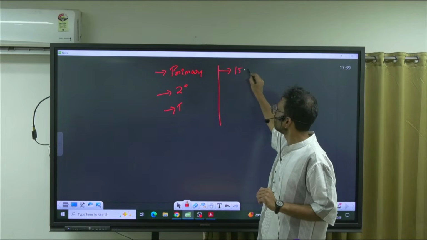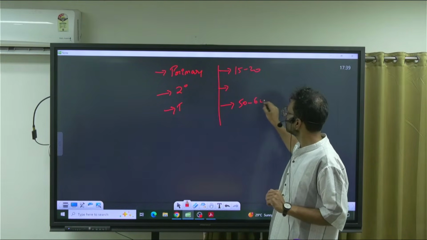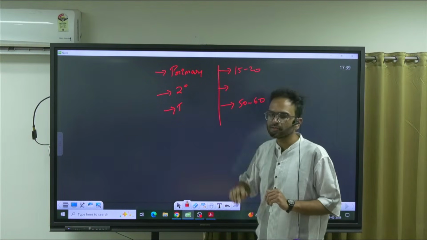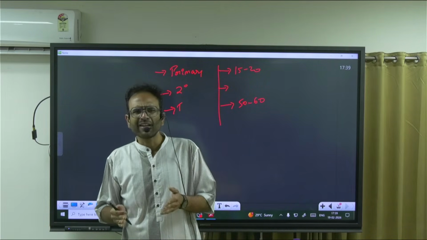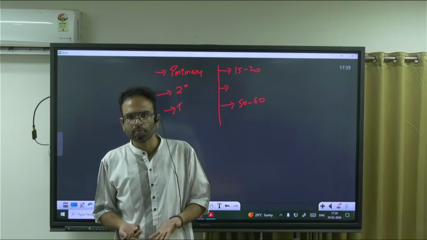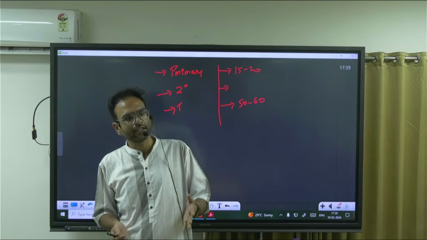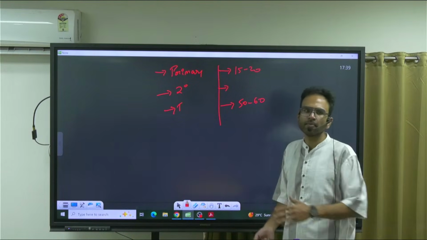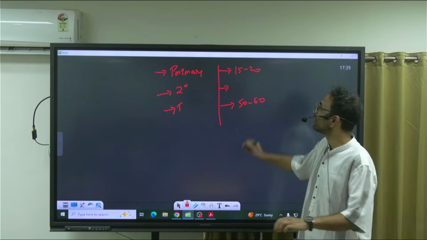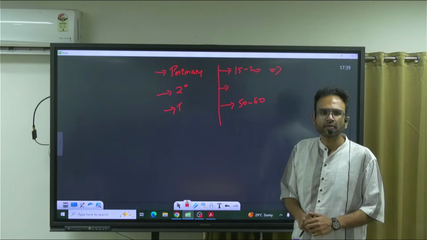It's roughly 15 to 20%, 50 to 60%, and whatever is remaining is in this sector, broadly speaking. There is little that we can do in the services sector, because how many jobs can the service sector create? Agriculture is anyway overcrowded. 45% of the population is depending on it, and there is the concept of disguised unemployment. What else are we left with?